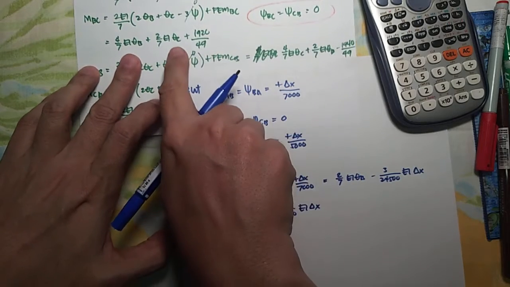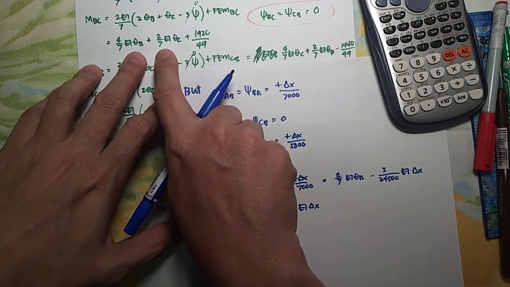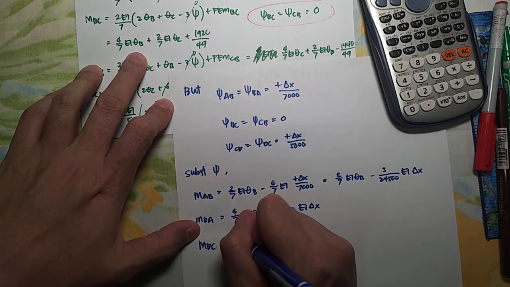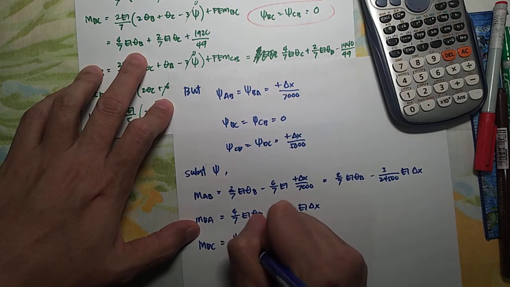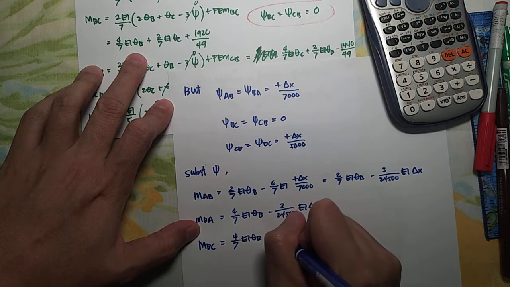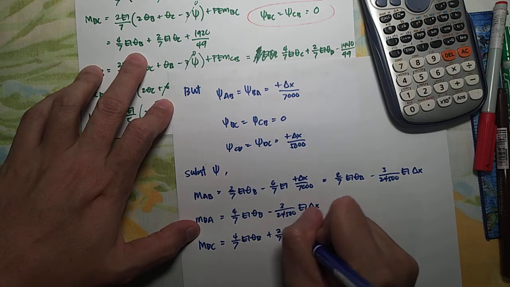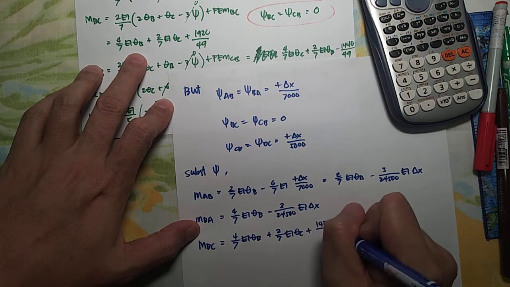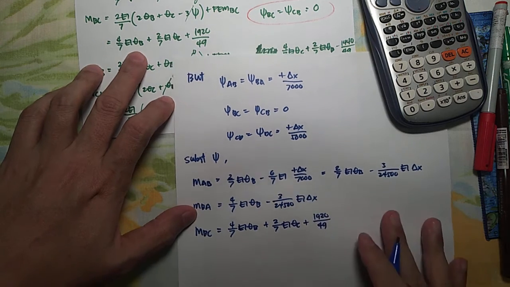MBC is this one, so I'll just copy it. 4 over 7 EI theta B plus 2 over 7 EI theta C plus the 1920 over 49.